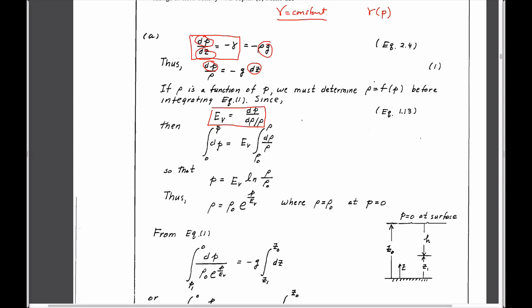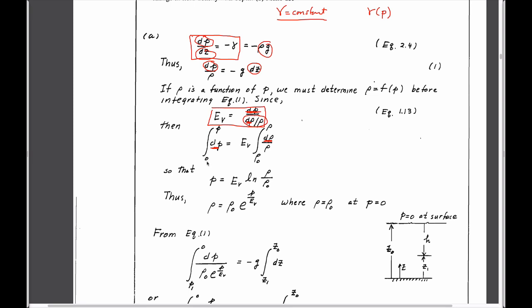So if we take this expression here and rewrite it in terms of the pressure and density separately, where we have these derivatives of pressure on the top and density here, we can just rearrange it in terms of those derivatives. We have only density now on this side, and we can integrate it between two locations.